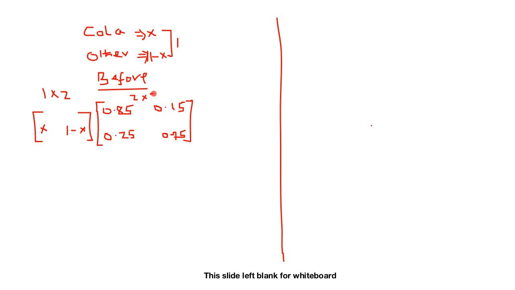Remember, in matrices, when we are multiplying, we must ensure that the number of columns in the first matrix is the same as the number of rows in the second matrix, and the product of these two matrices will be of order 1 by 2.